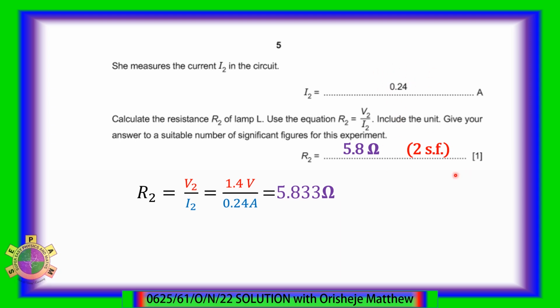So now I decide to use 1 decimal place here. This is 2 significant figures. But if I write the answer as 5.83, that is 3 significant figures. If you write this, you are wrong because of this question. Use the correct number of significant figures. So let's go to the next question.